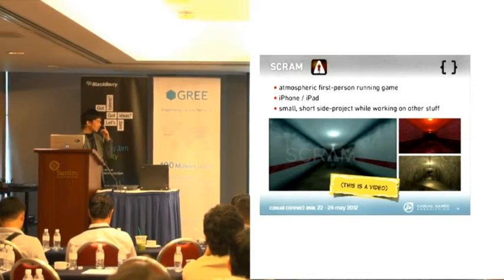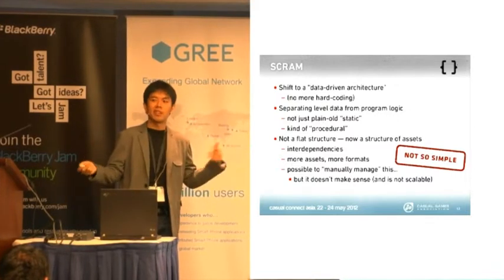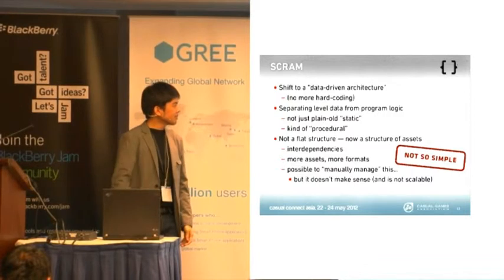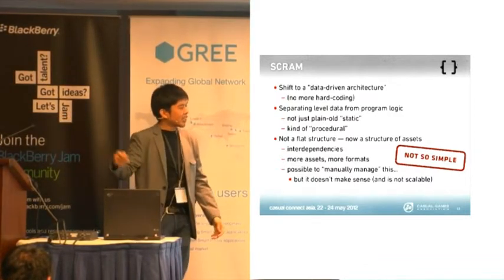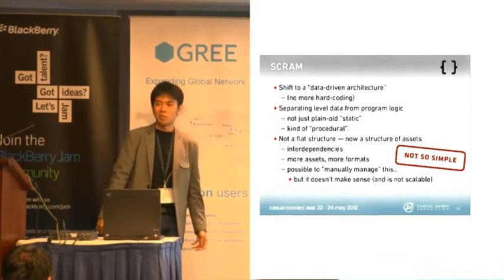But anyway, it's actually still a very simple game, still relatively random and relatively procedural, but there are certain differences between Scram and the other games that we had earlier. First was that it was a shift to a data-driven architecture, and what that basically means is there was no more hard coding.